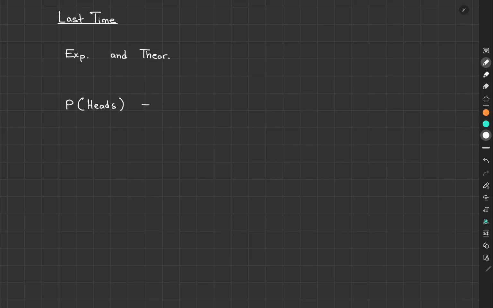If we flip a coin some number of trials, say 10, we put the number of actual heads that we get as results. So say out of 10 trials we only got 3 heads, we would put 3 over 10 and say that our probability of heads, empirically or experimentally, is 30%.